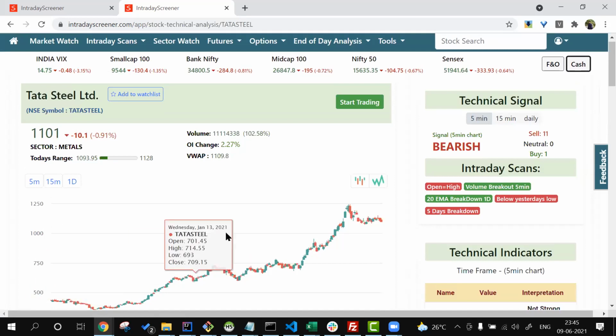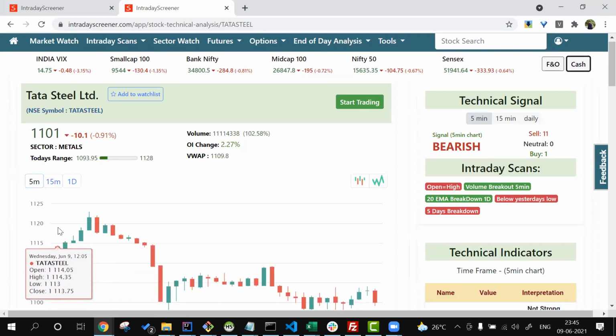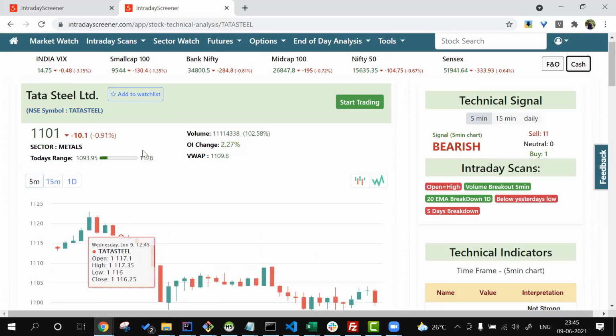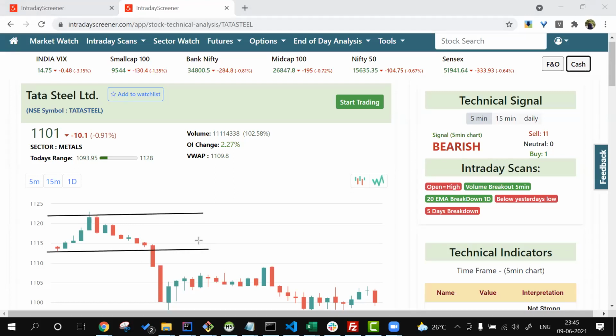Basically, for the first 30 minutes Tata Steel has formed a range, and then it breaks the range. Let me show you an example. Let's say this is the range of the first 30 minutes of Tata Steel, and whenever it breaks this range, this particular stock will come into that scanner.